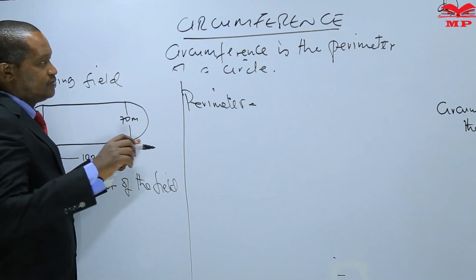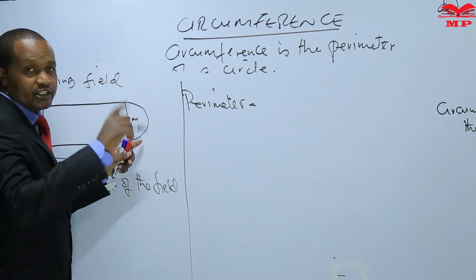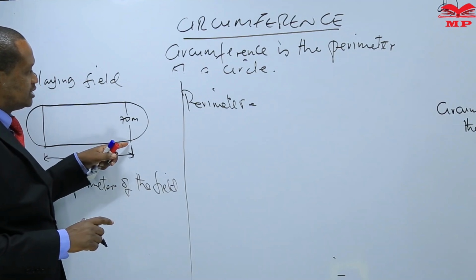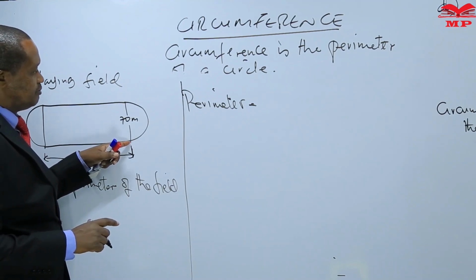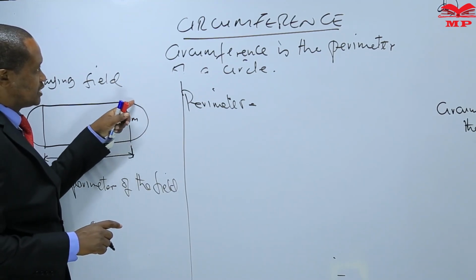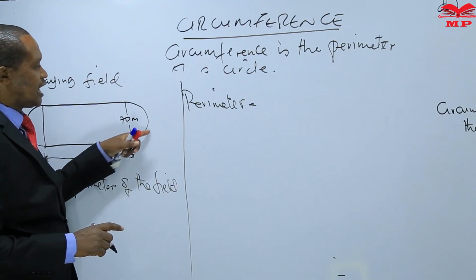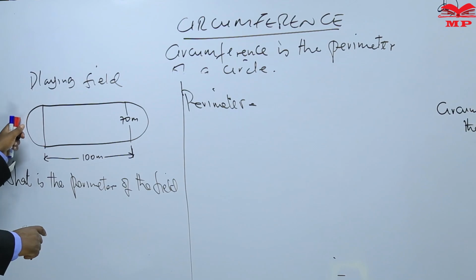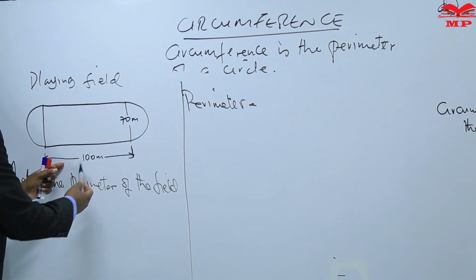The circumference of a circle is the perimeter of a circle. This is half a circle, so we get the circumference of this half of a circle, then we also get the half of this circle. Then we add 100 plus 100.